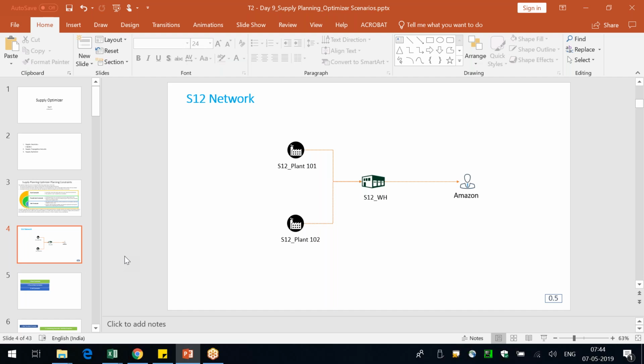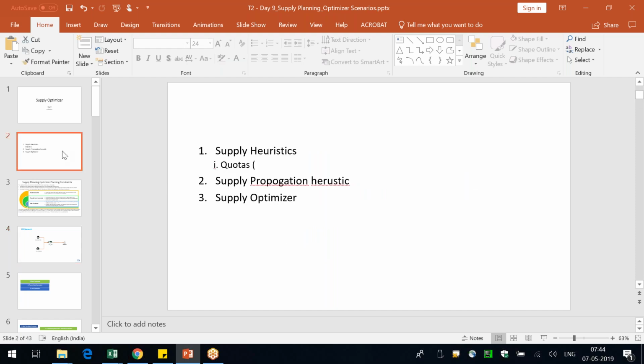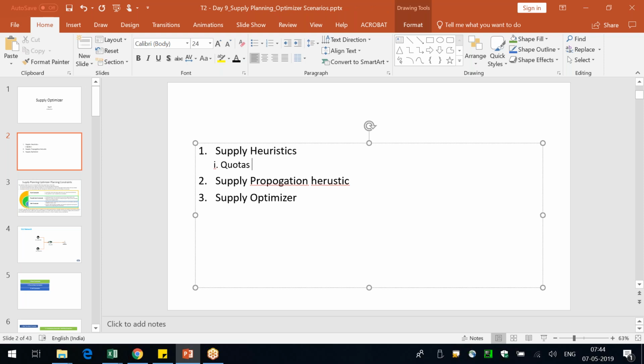But if you want to change the ratios as per the time frame, say quarter one I want to give high priority to plant 1, quarter two I'll shut down plant 2 and maintain the quota as 0 there, then we have to specify that this is a time series indicator. Then we can play with the quotas.